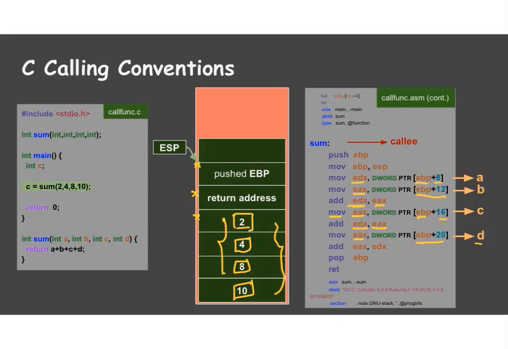Next thing we do, we add EDX with EAX. Now the whole value, the previous three values and the 10, are added together, and the result stays in EAX register. Now when we do this, then we kind of finish the function, and then we pop EBP back, and then we return.